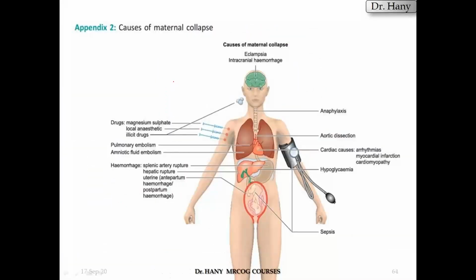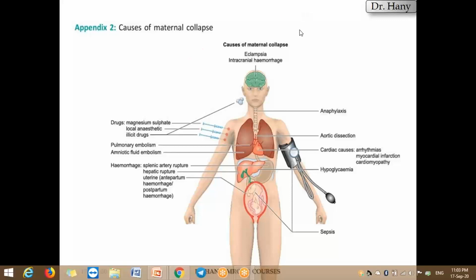The causes of maternal collapse. What is the most common cause of collapse? Hemorrhage? Did you read the new venous thromboembolism guideline? They removed epilepsy. It was a mistake in the old guideline. In the new guideline, they clarify this.